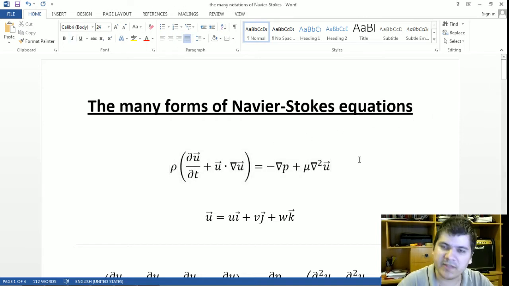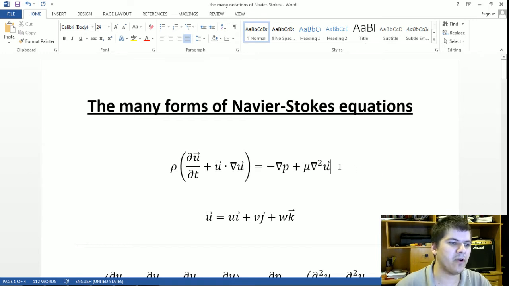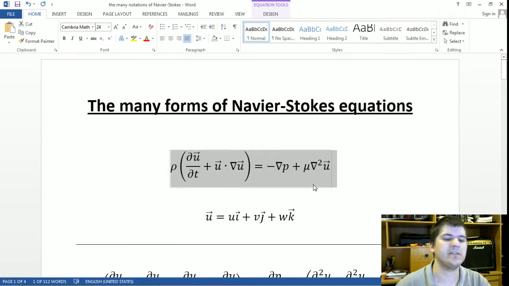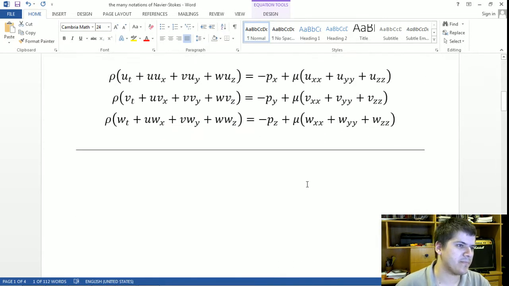In more advanced books of fluid mechanics, including books that deal with turbulence modeling, large eddy simulation, and Reynolds-averaged Navier-Stokes simulations, and as well in scientific papers, you will see that this form is often presented in a form that includes indexes.